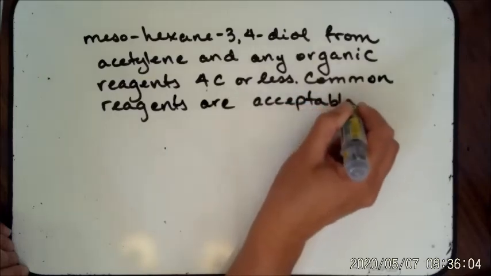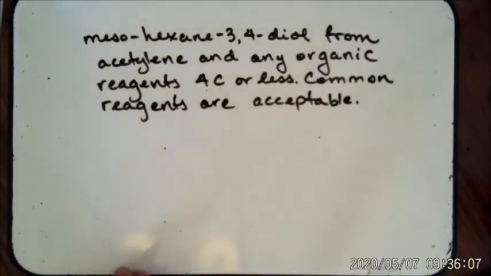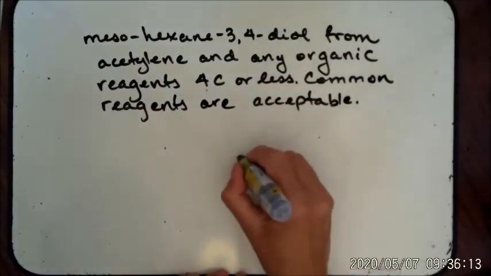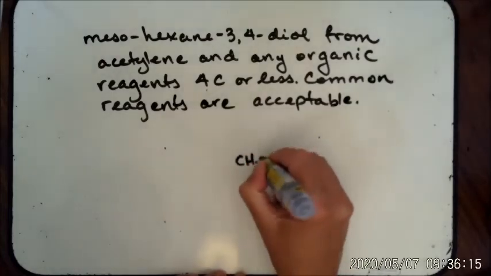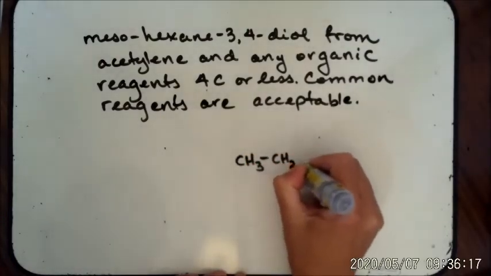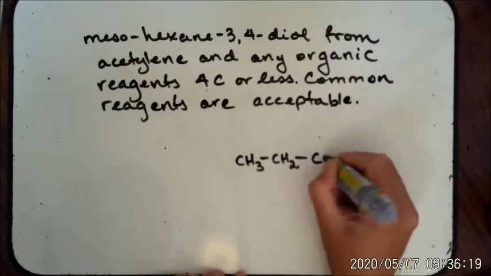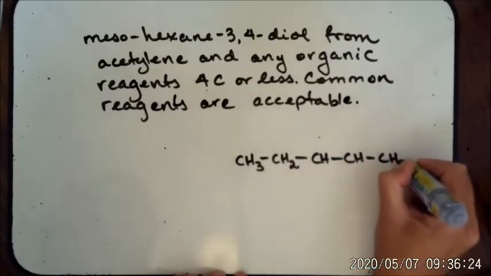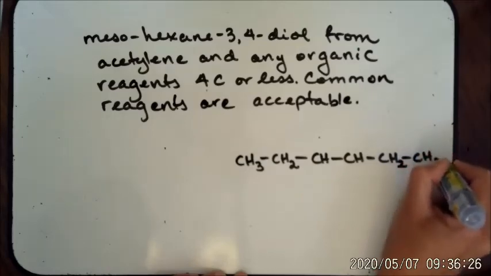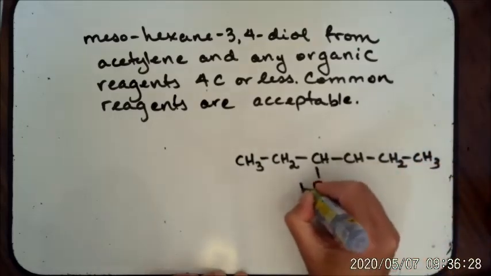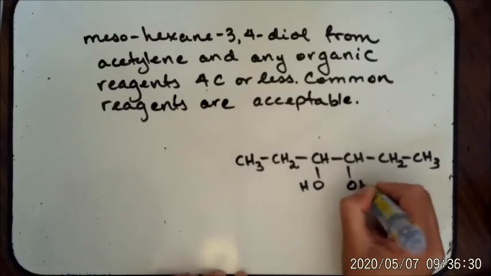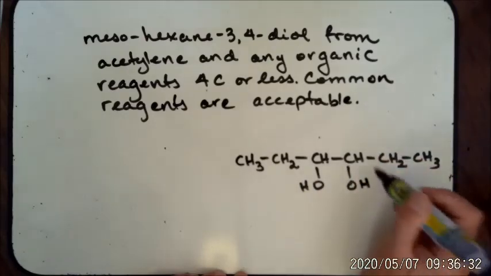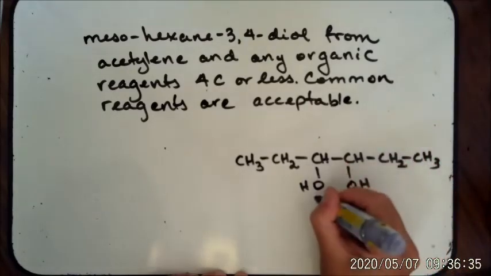So we're making meso-hexane-3,4-diol. Let's draw this out and find out. If it's a meso, 1, 2, 3, 4, 5, 6, you have 2 chiral centers here and here, 1, 2, 3, 4.